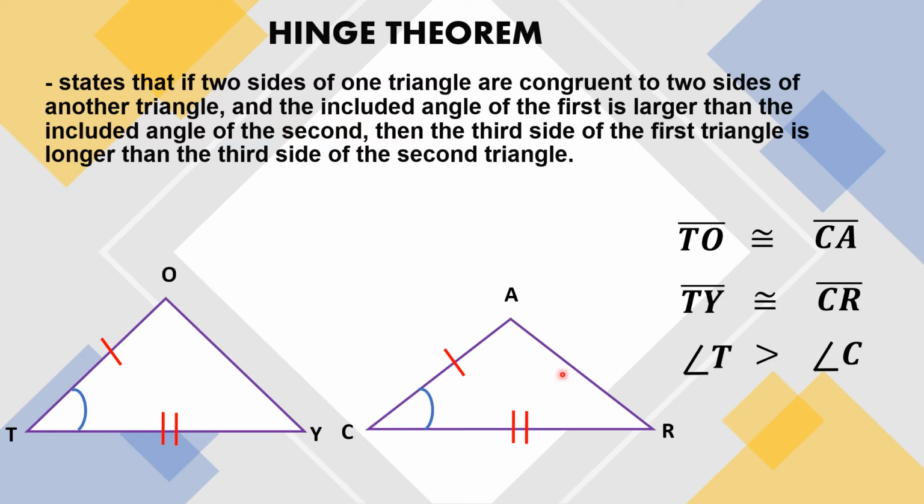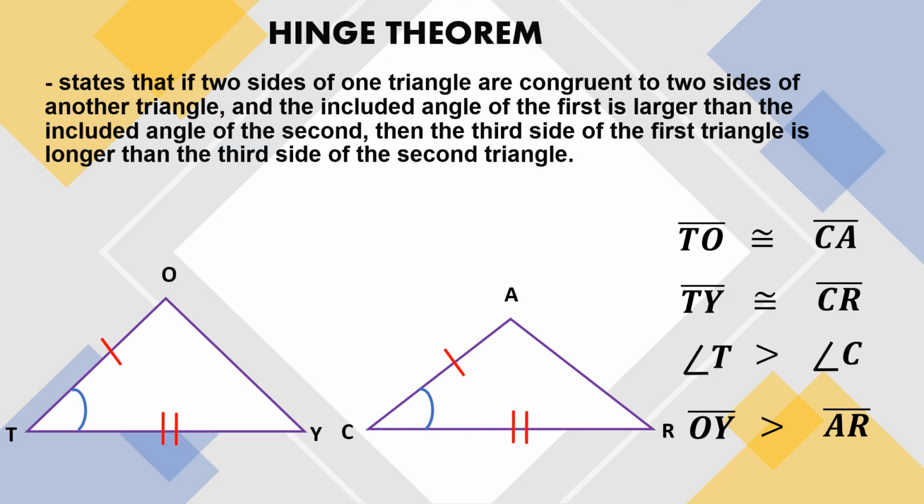So when the included angle of the first triangle is larger than the included angle of the second, the third side of the first is longer than that of the second. Since angle T is larger than angle C, we can say that the third side, side OY, is greater than side AR. So that is all about the Hinge Theorem.